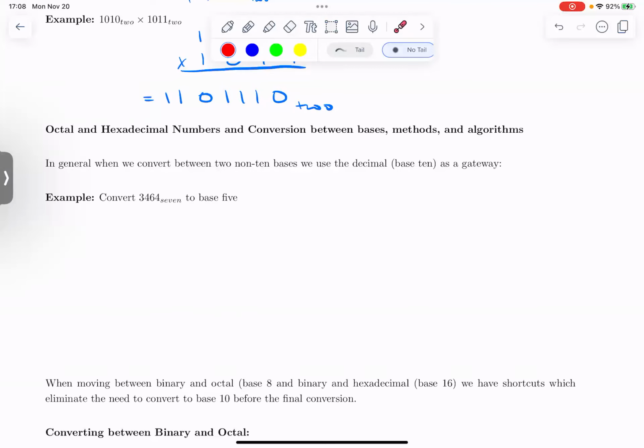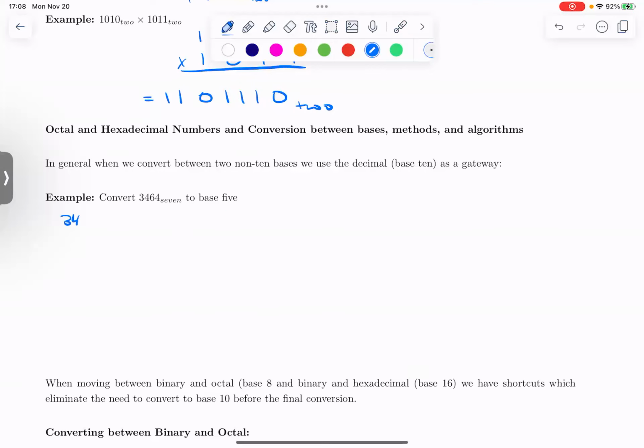Probably not for the weird ones, just the go-to ones. So you would have to convert 3, 4, 6, 4 from base 7 to base 10, and then from base 10 to base 5.